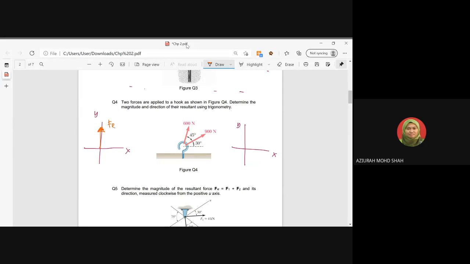Satu lagi resultant force dia duduk macam ni. For this resultant force, ada komponen X, ada komponen Y tak? Ada dua-dua ke ataupun satu saja?